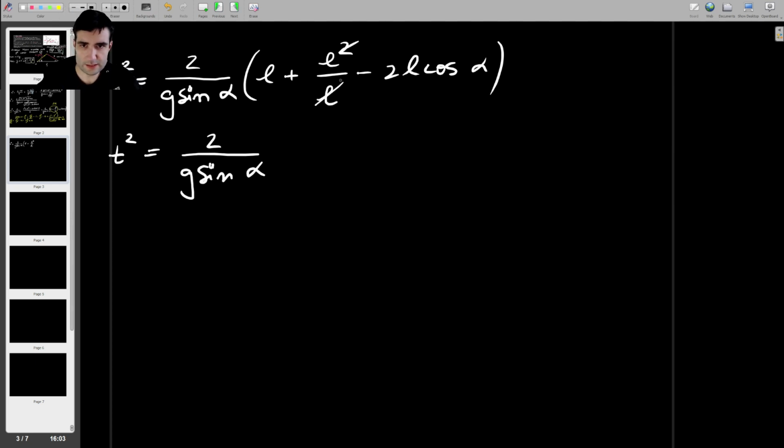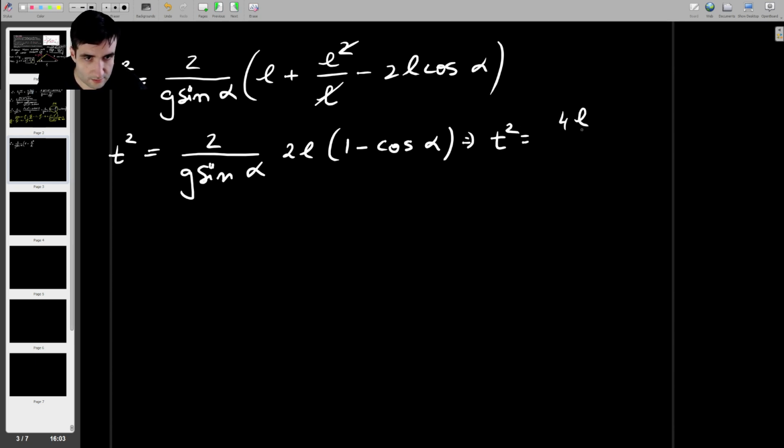So we can cancel out an L, and this is going to give us 2L times 1 minus cos alpha, which gives us that t squared is 4L over g, and I'm going to combine those trig terms together like this. Okay.